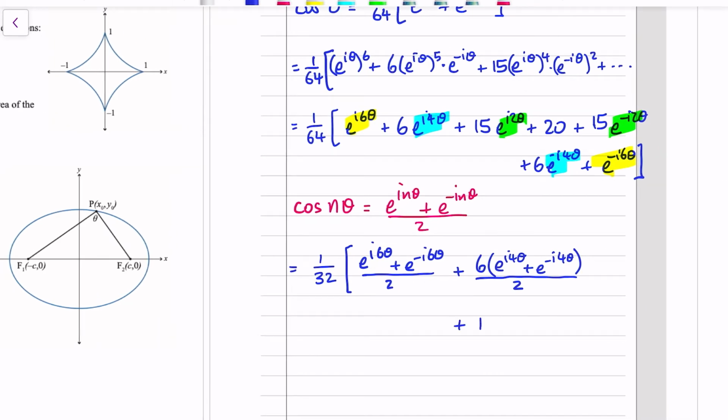We've got 15 lots of e to the i 2 theta plus e to the minus i 2 theta, and then the last term is a 20.